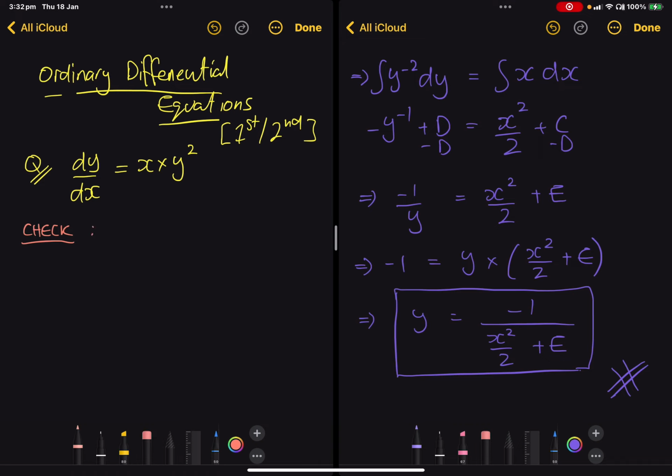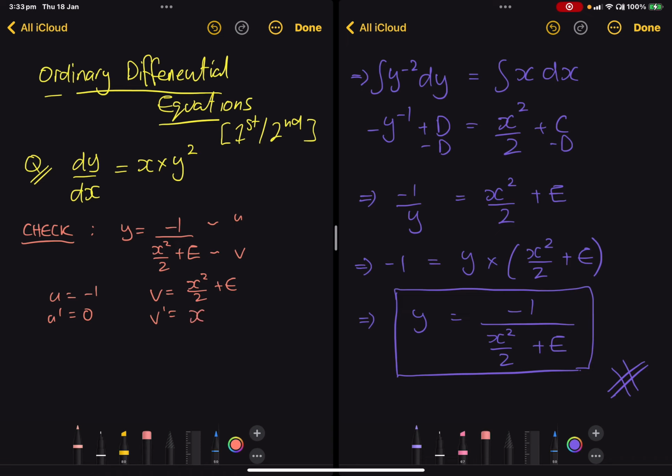So here we have y equals -1 over x squared on 2 plus e. I'll do this as a quotient rule to find the derivative. This is u, this is v. So we have u is -1, u prime is 0, v is x squared on 2 plus e, and v prime is going to be just x.